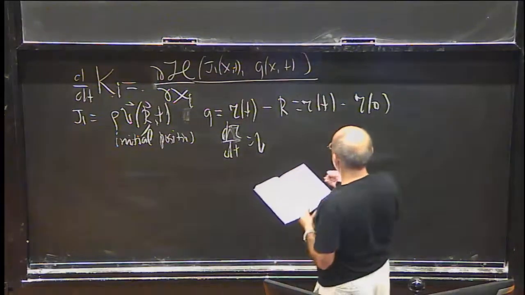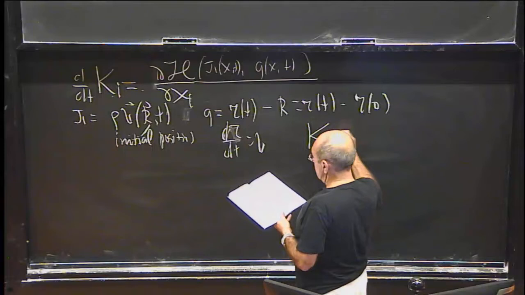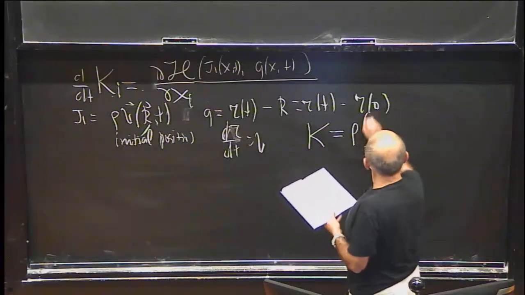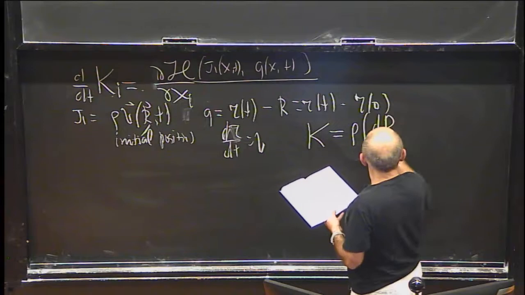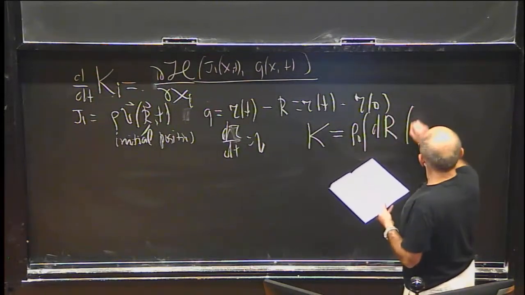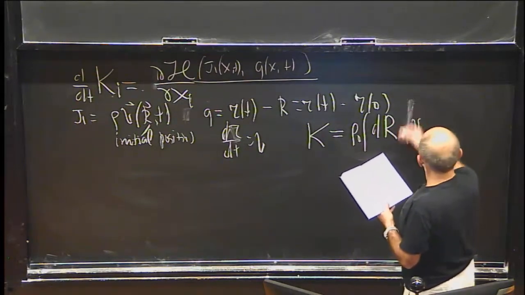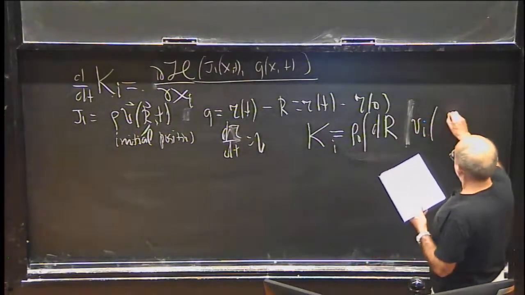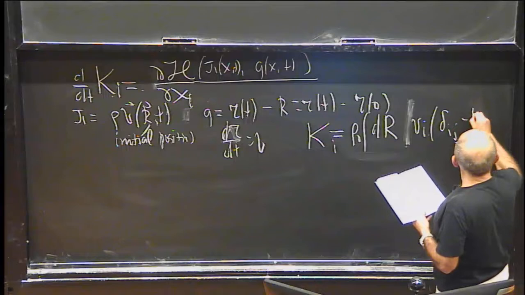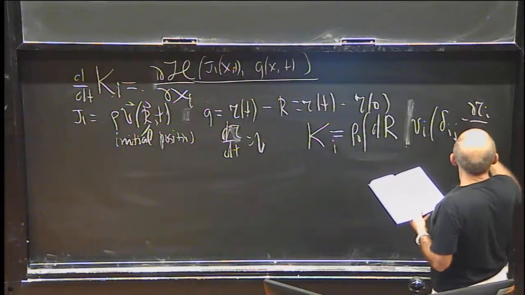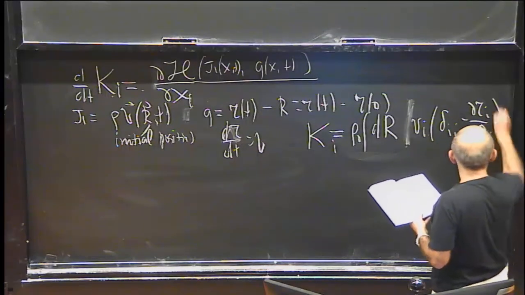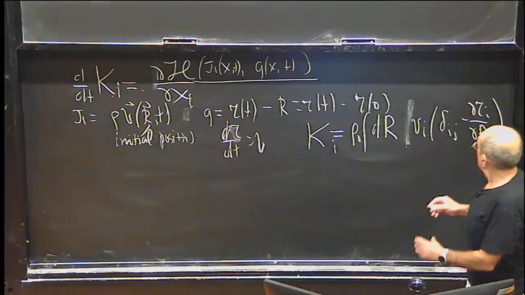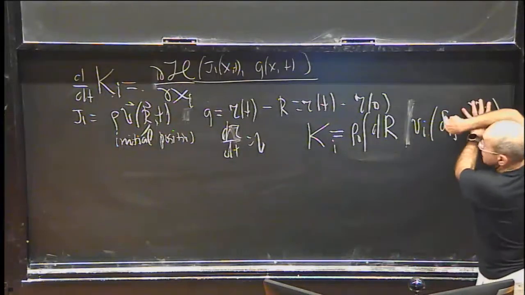It will be, in this particular case, k is rho, dr_i/dx, v_i, it's a vector, delta_ij minus dr_i over dr_j. You see? So this is something, and this is the momentum.